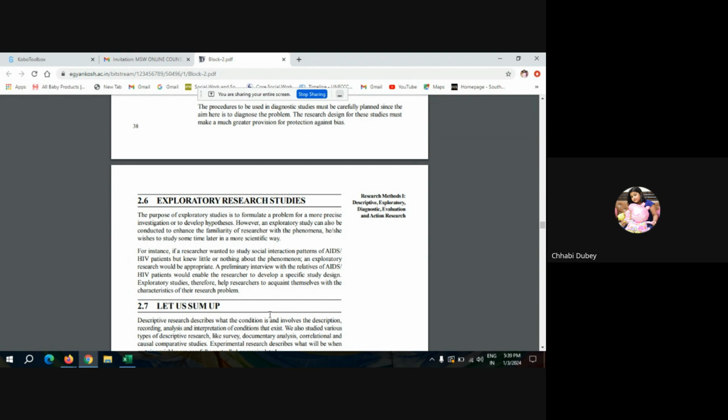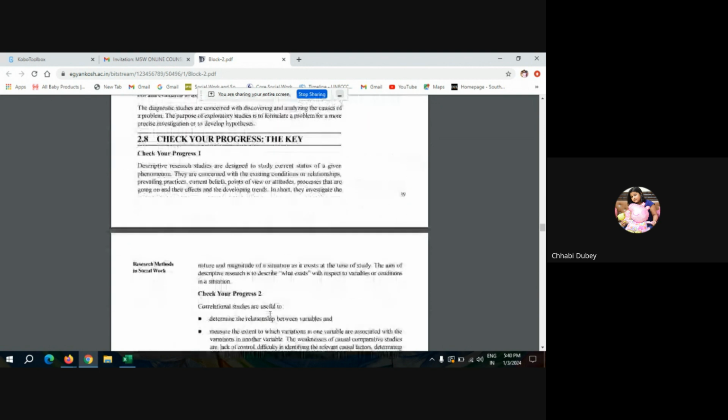Exploratory studies therefore help researchers acquaint themselves with the characteristics of their research problems. So exploratory research is when you want to explore more about a particular issue or problem by developing a hypothesis.